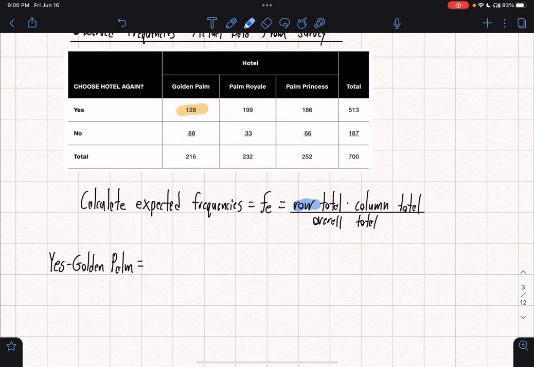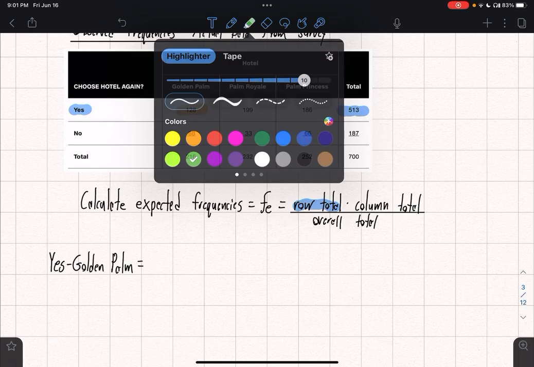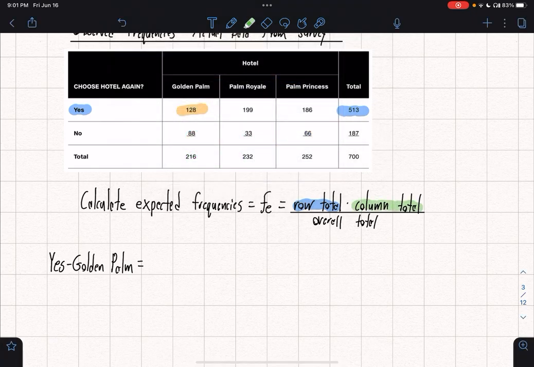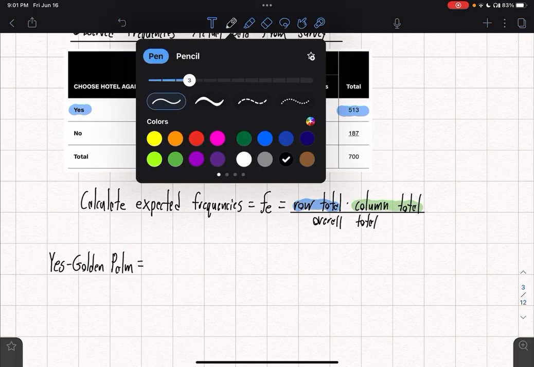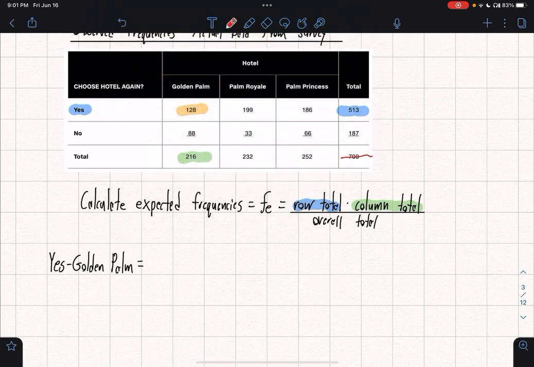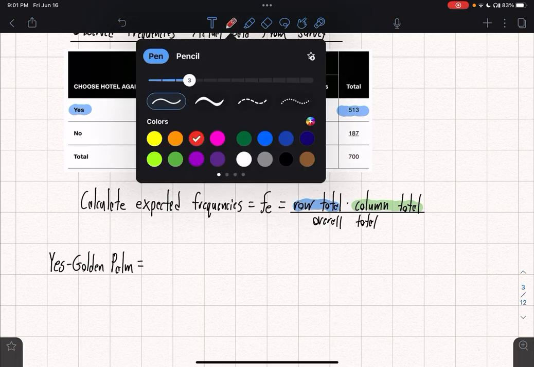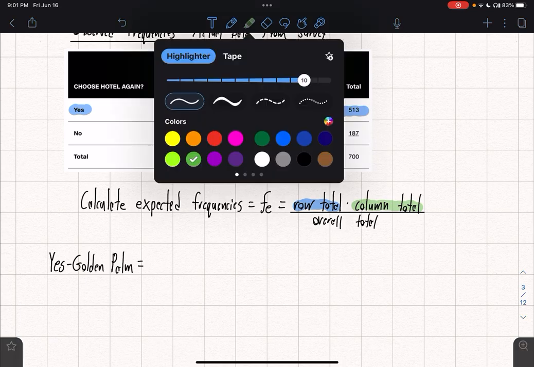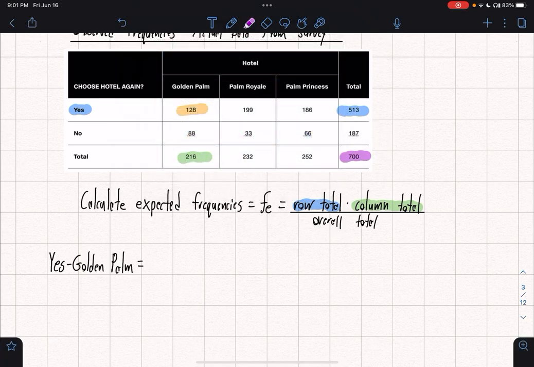So the row total for Golden Palm and yes is going to be 513. And then the column total would be the column total for Golden Palm. And then our overall total is going to be the 700.